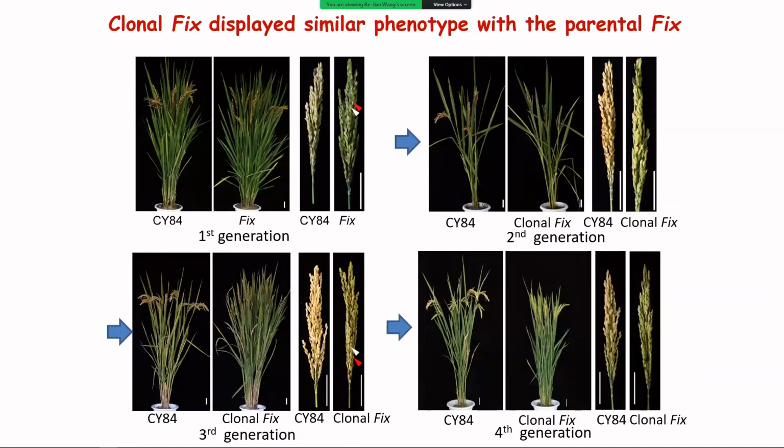Next, many people are very interested in whether the phenotype can be inherited stably to the next generation. So we planted the wild-type and the fix plants in different generations, the first generation and the second generation in the glasshouse, and the third, fourth, fifth and sixth generations. We found that the fix mutant displayed normal vegetative growth, and other phenotypes remained stable, and it also shows a stable low seed setting rate.